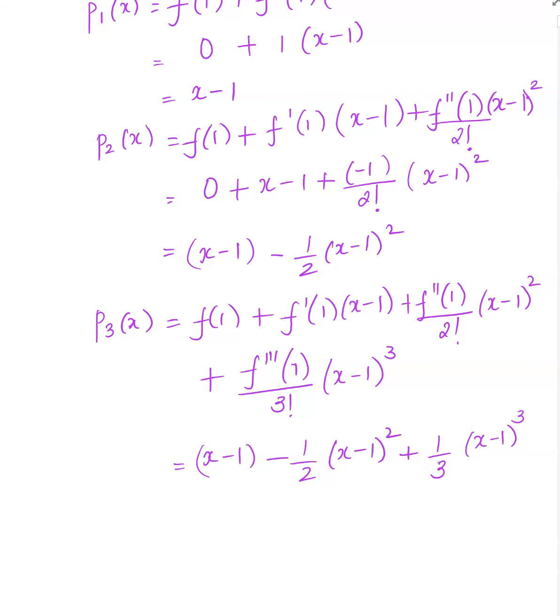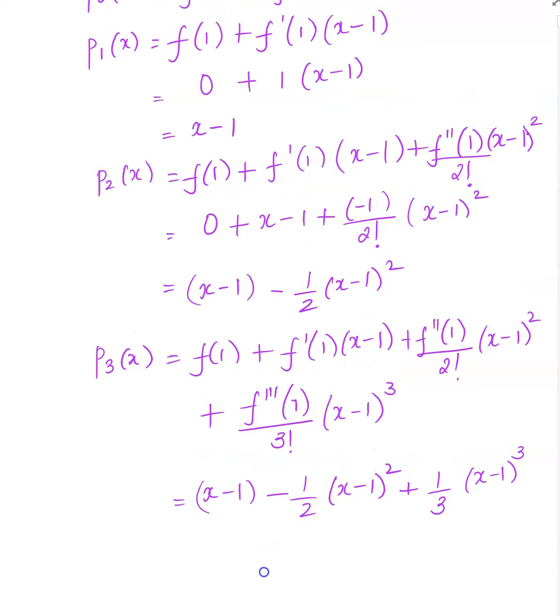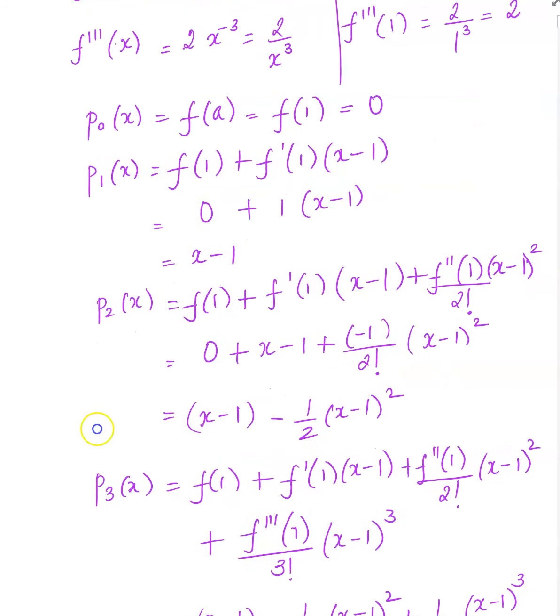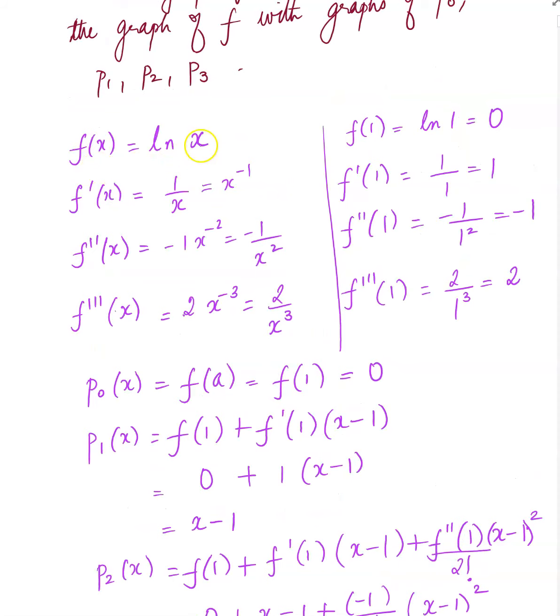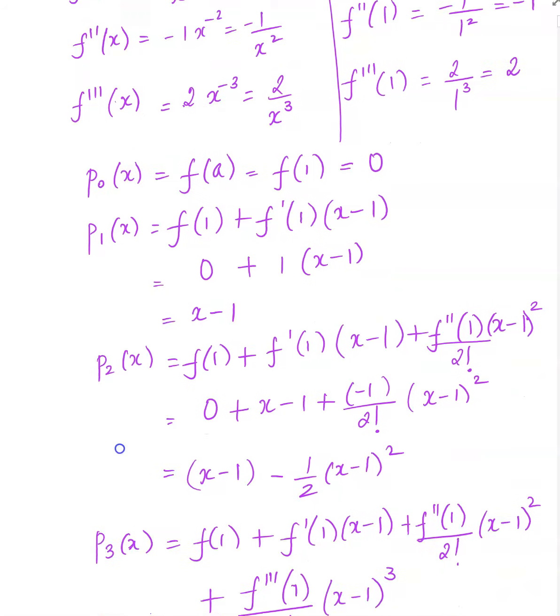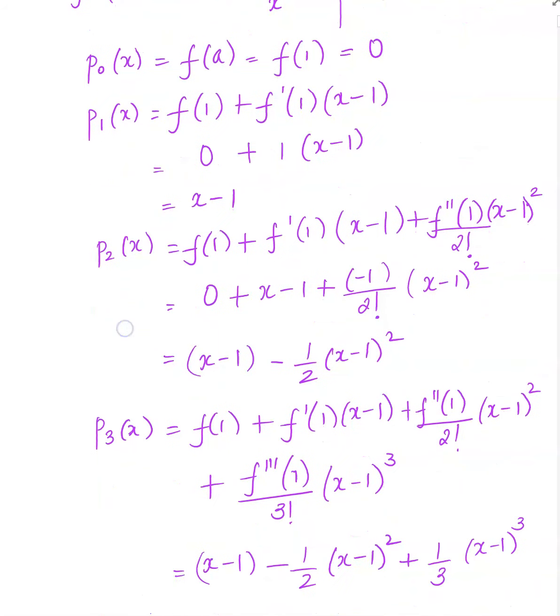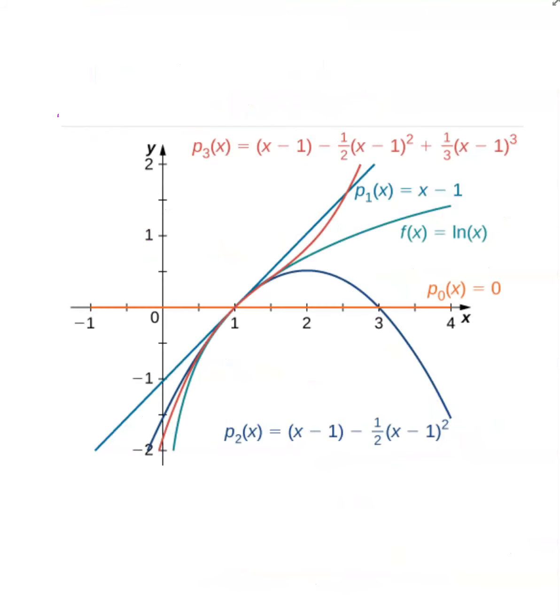Alright, so now we'll go to the graph to compare f of x, which is equal to ln x, with p0, p1, p2, and p3, where x is 1. So we'll focus on 1. Our p0 was 0, right?